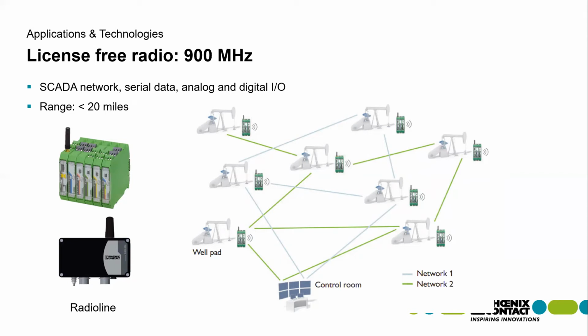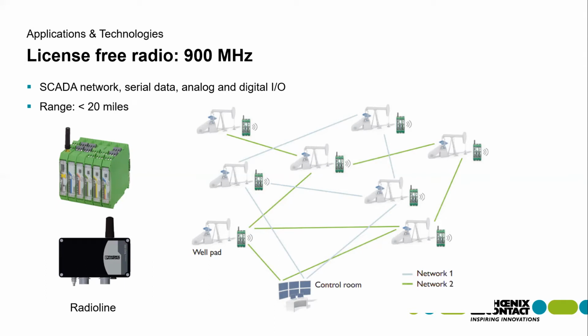It's really simple to use, plug and play. We have an outdoor-ready box that can withstand the harshest weather environments. These products give you long distance remote communication for sending that serial I/O data, up to about 20 miles, all leveraging license-free 900 megahertz.